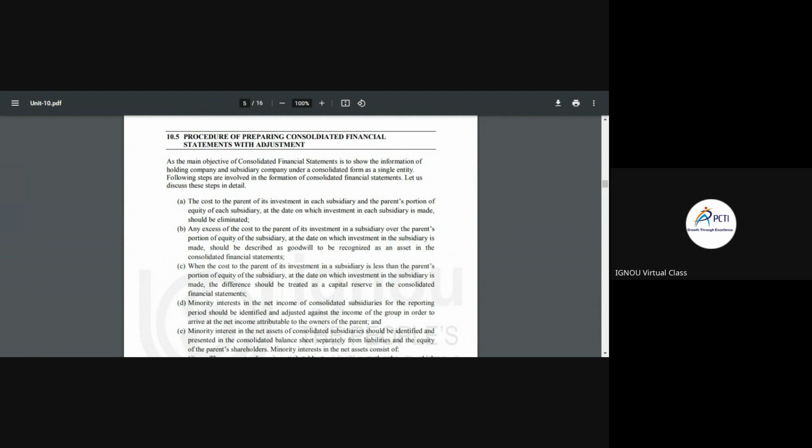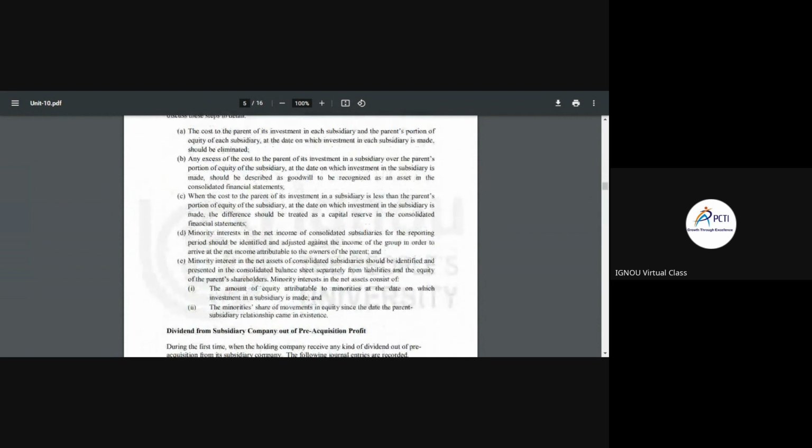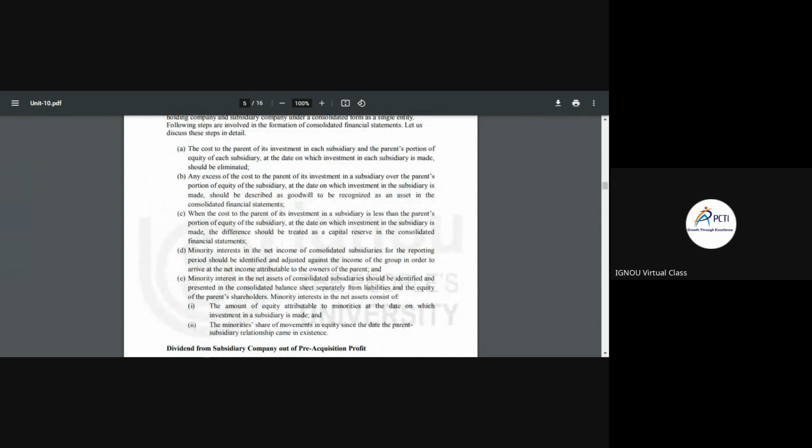We have some steps involved in the formation of consolidated financial statements, so we will discuss these steps here. First one is the cost to the parent of its investment in each subsidiary and the parent's portion of equity of each subsidiary at the date on which investment in each subsidiary is made should be eliminated.